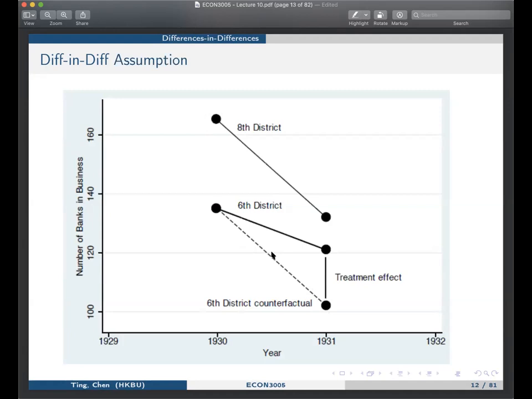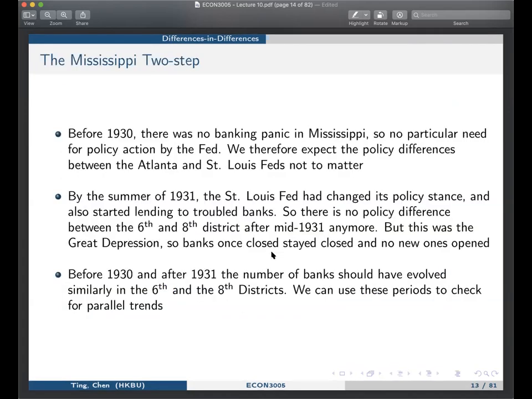This is what we call the parallel time trend assumption. So in other words, it also means there's nothing other than the treatment, the central bank's lending, that happens between these 2 groups in the treatment period.